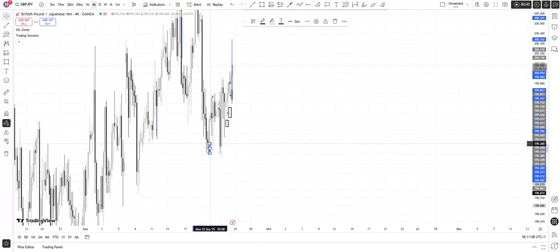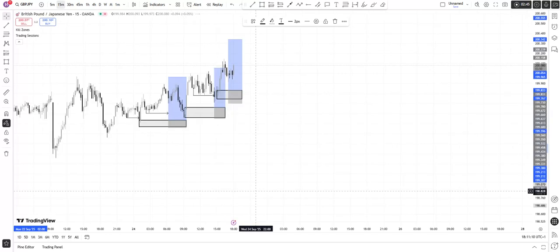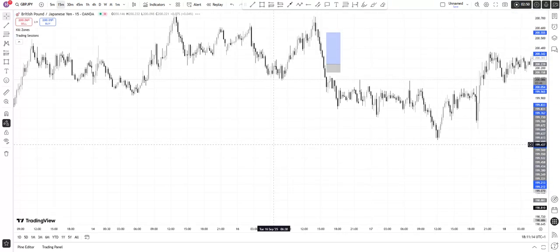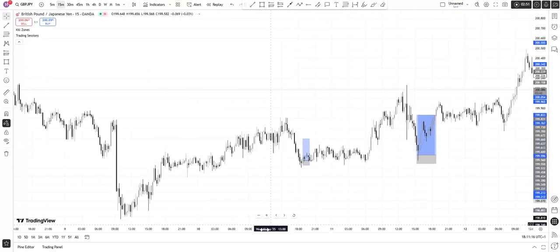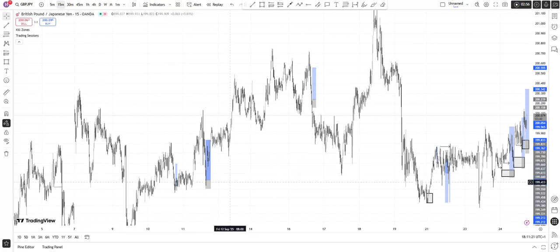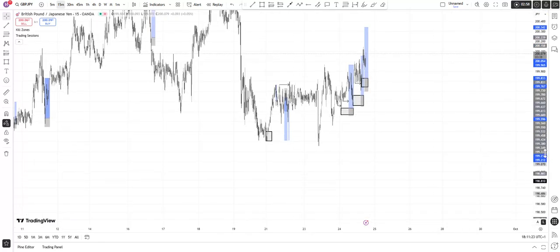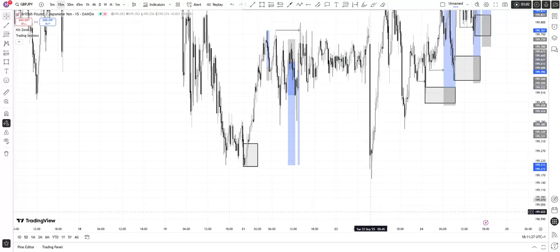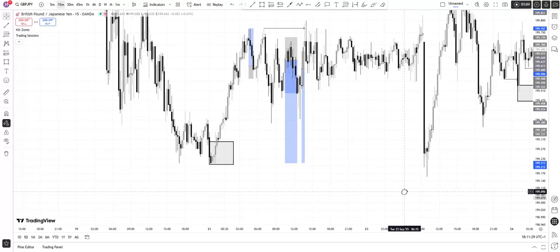And then we'll go to a lower time frame. Okay, yeah. So this was where the bullish move started from, this leg, Friday, Sunday. Yeah, this was where it all started from.